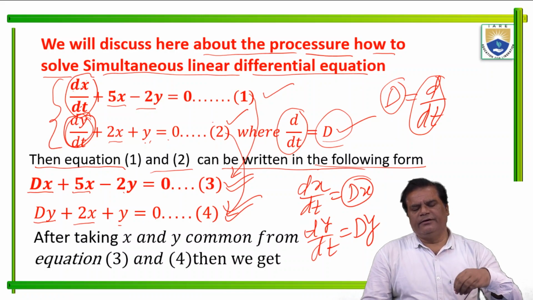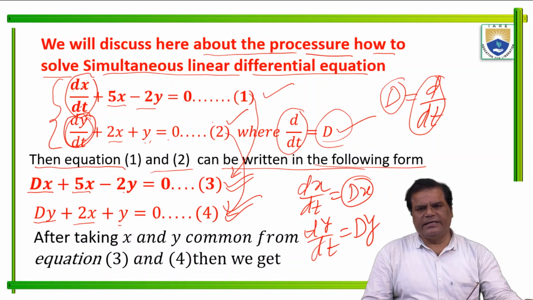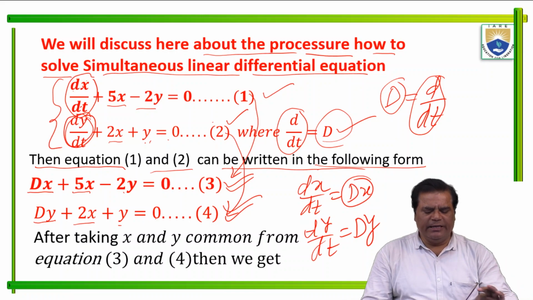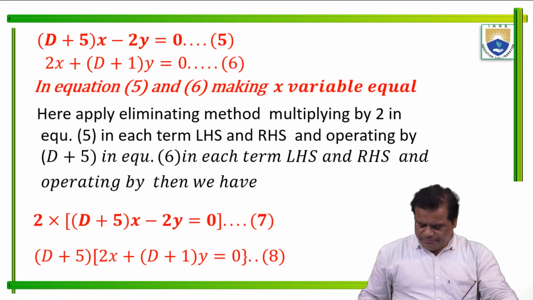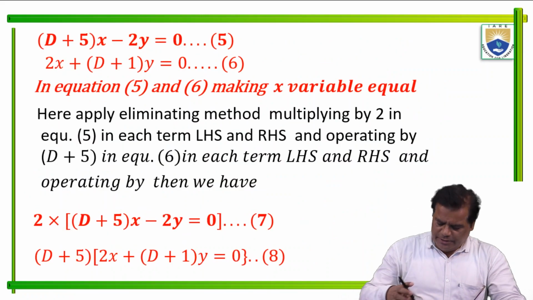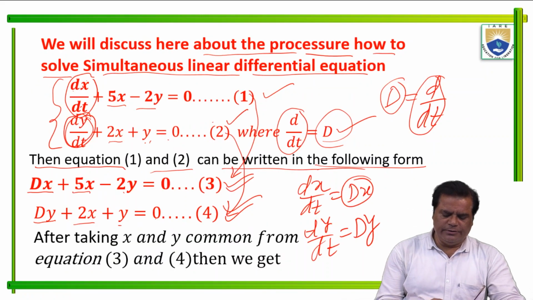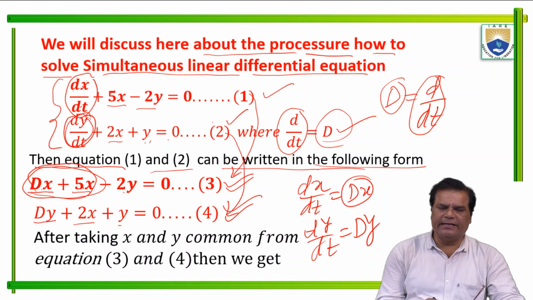If we take x common on the left hand side, then the answer is 100% wrong, because an operator is used in our question, so we always take common on the right hand side.